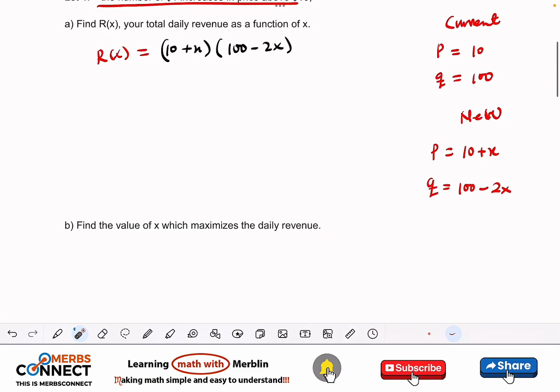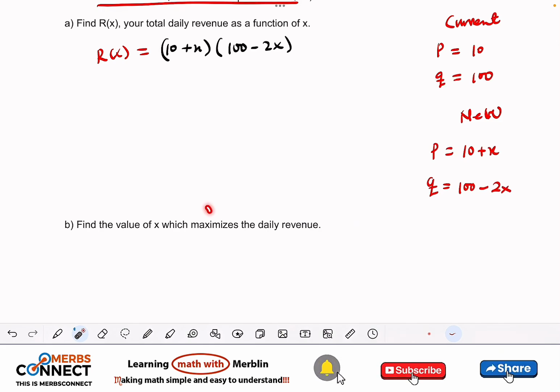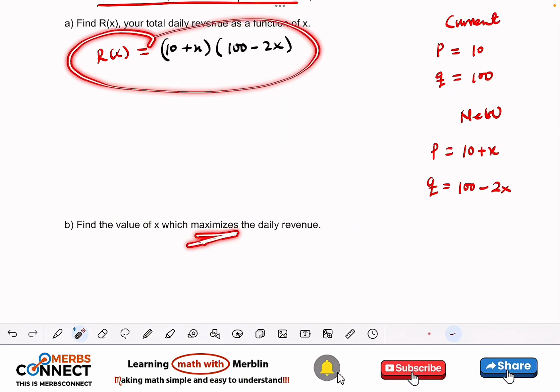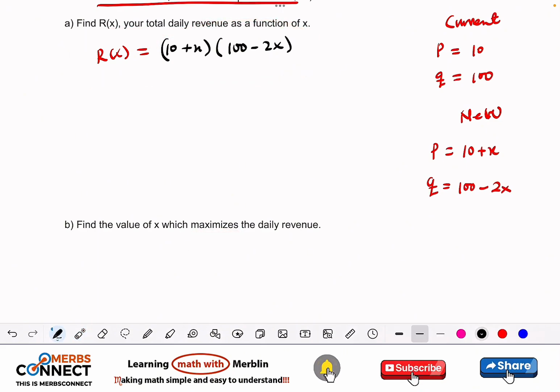So now what is B? In B, we want to find the value of X which maximizes the daily revenue. For us to find the value of X, we need to differentiate this, since we want to maximize. But before we do that, we need to simplify it.